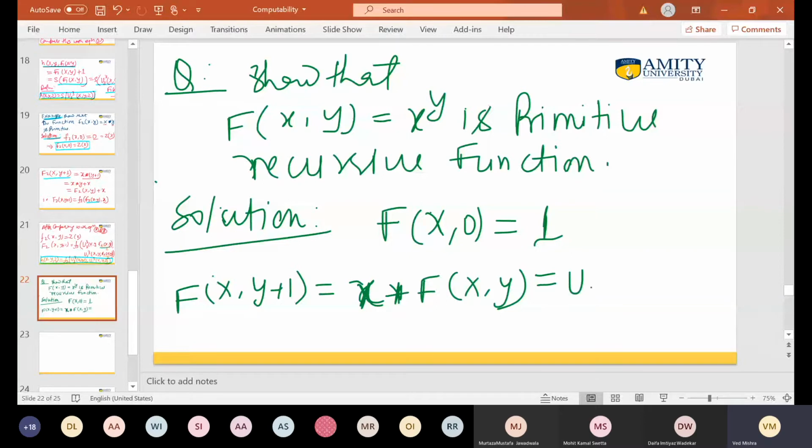So equal to what? Can you write in this form, U13(x,y,f(x,y))? Is it exactly the same as the previous question we did? So this you can write for x, this is correct or not?